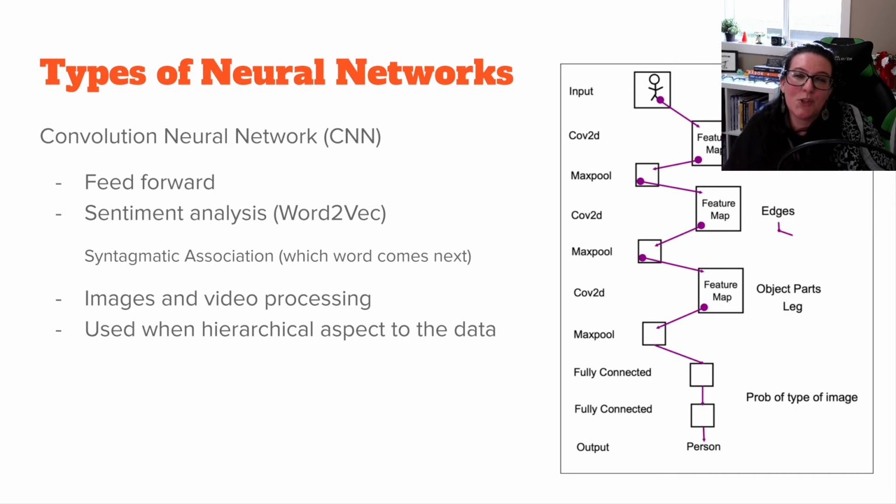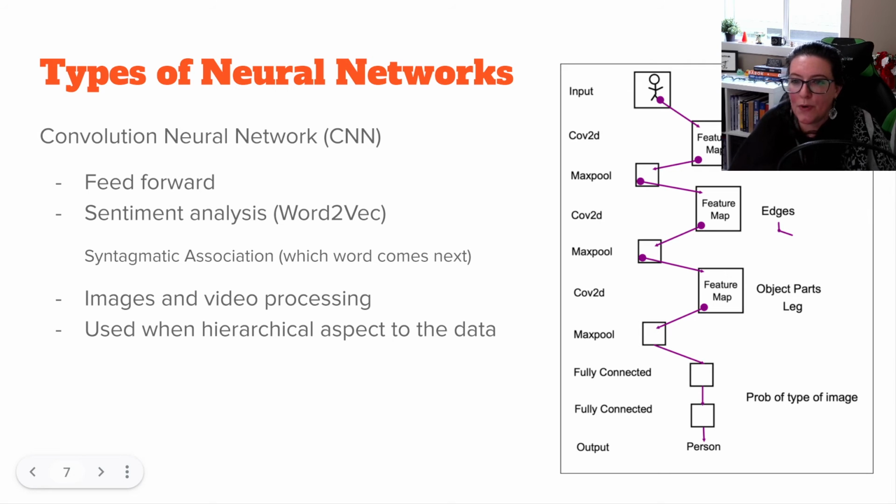And CNN is particularly important when there's some kind of hierarchical aspect to the data. That's why with sentiment and images, we use CNN, because we're essentially building the pieces of the image or multiple words that start to tell us that people feel a certain way.